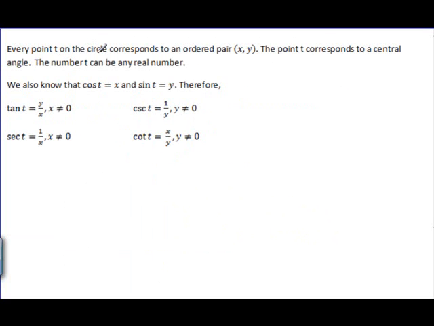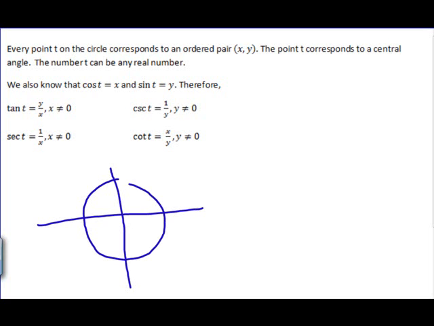Every point T on the circle corresponds to an ordered pair (x, y). Well, the point T corresponds to a central angle, right? So if we have a point T on the circle, what we're really doing is, if you think about this as being 0, you can wrap the real number line around the unit circle, because going counterclockwise we're going in a positive direction.